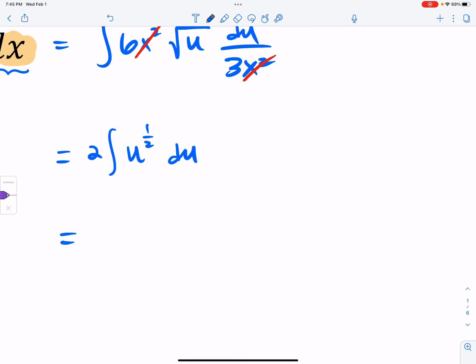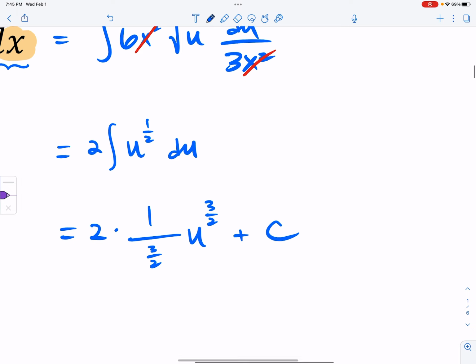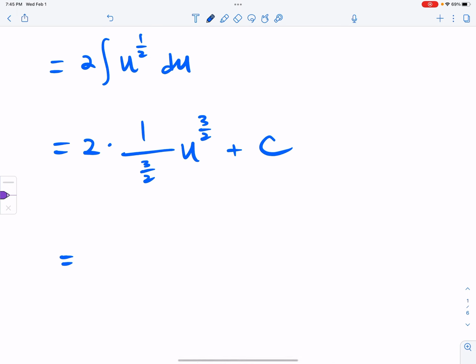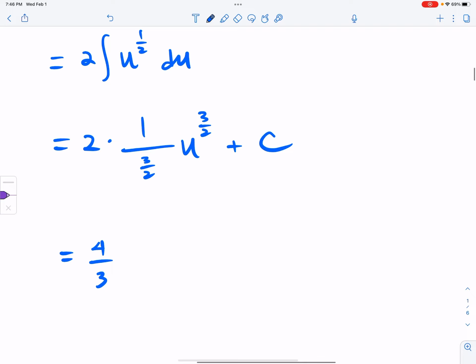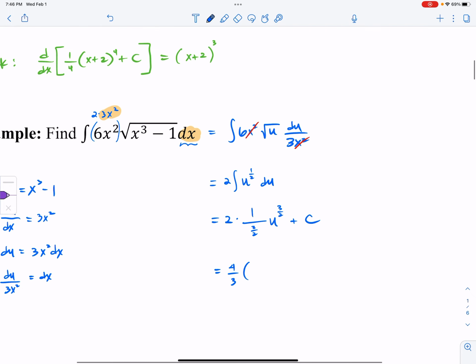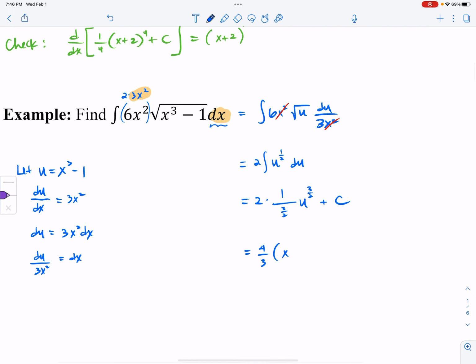And then that's something we know how to integrate just using power rule. So 2 times 1 over 1/2 plus 1 will be 3/2 u to the 3/2 plus c. And I want to think about simplifying that. So that'll end up being, when I multiply by 2, 4/3. And then in this step, I also want to replace what I let u equal to.